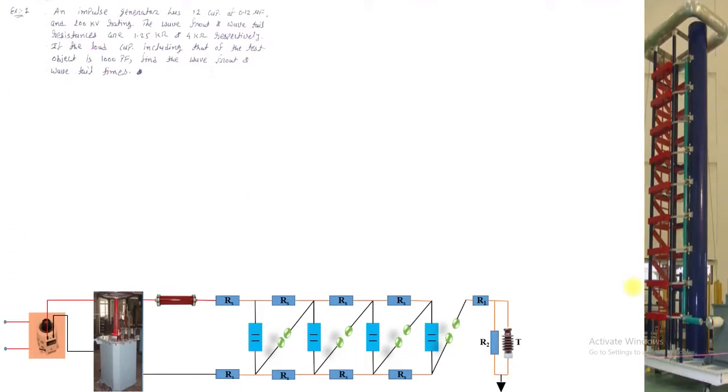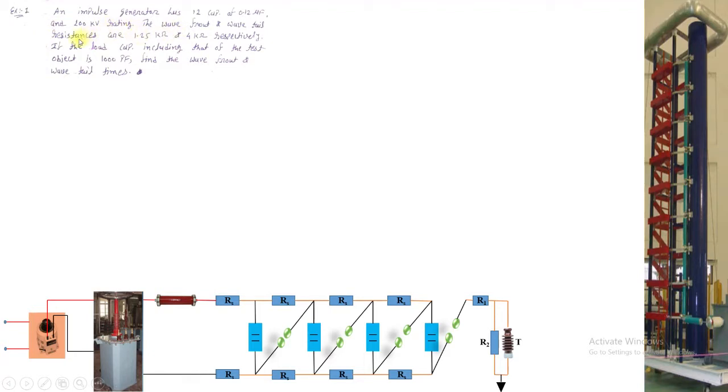As you can see in the photographs, I am going to discuss the impulse voltage generator, which is multiple in stages. So let me read the statement of the problem. An impulse generator has 12 capacitors of 0.12 microfarad and 200 kilovolt rating.